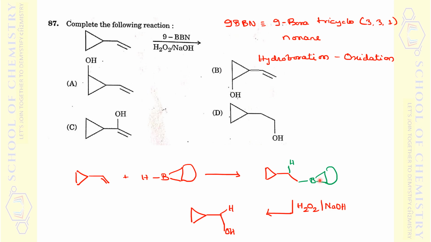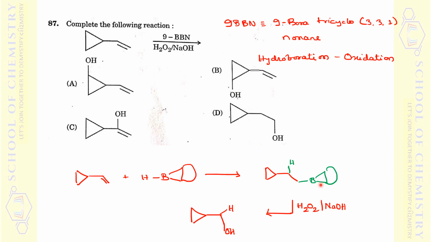The very important thing is where this hydrogen goes, whether it is in accordance with Markovnikov's rule or anti-Markovnikov. In this case, this reagent being bulky, the boron part always occupies the less sterically hindered side. Here there are substitutions, therefore the boron part will come to the other side, the less substituted side, and hydrogen takes up this position as I have shown here.